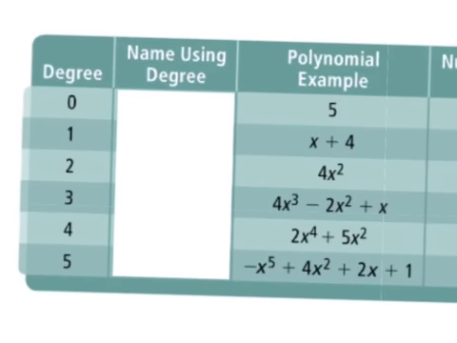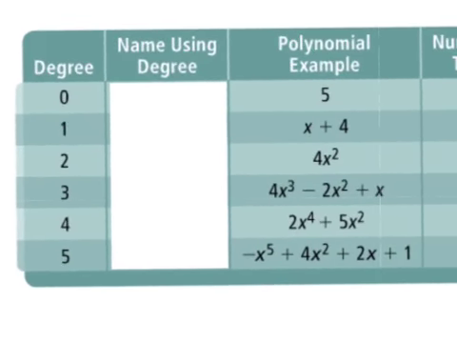Are these all constants? Nope. Whenever we have x to the first power, that also is not really written. It's just written as x, or whatever your variable is. But when you have something to the first power, it is called a linear polynomial.